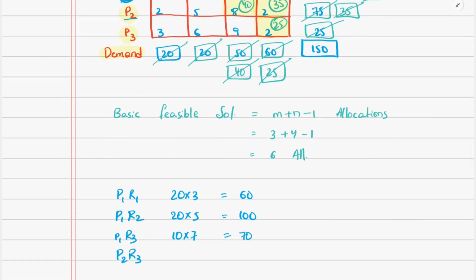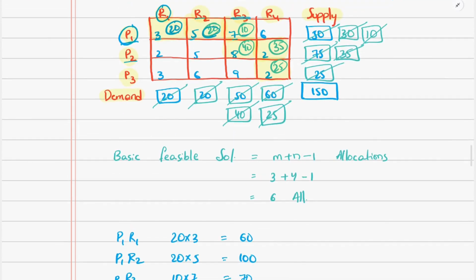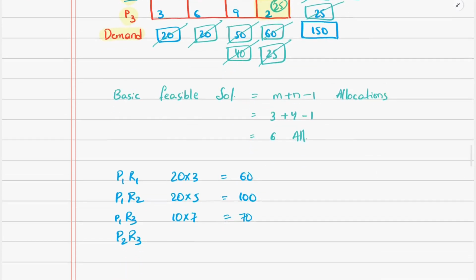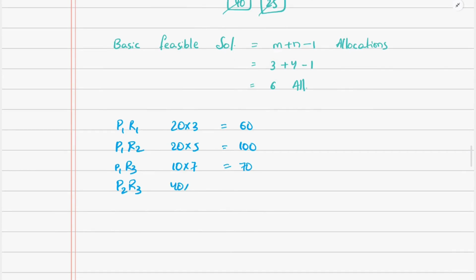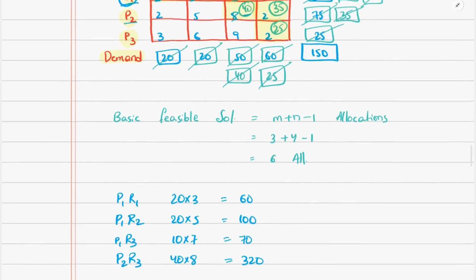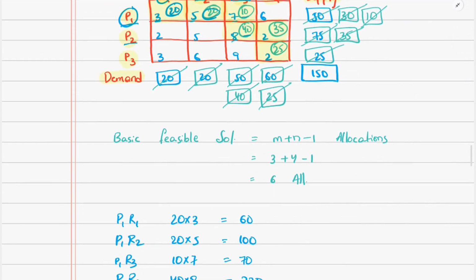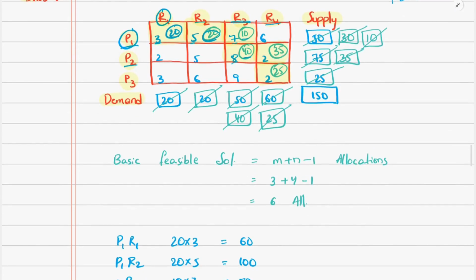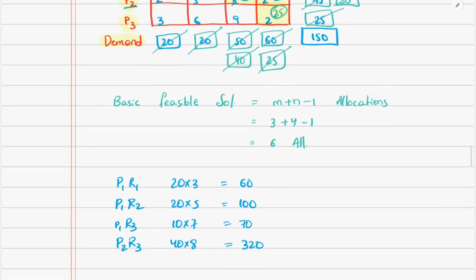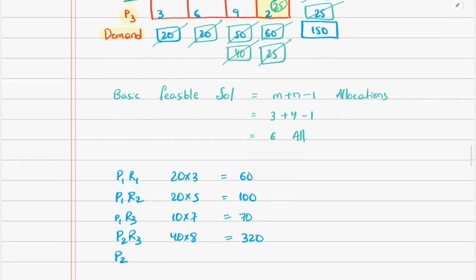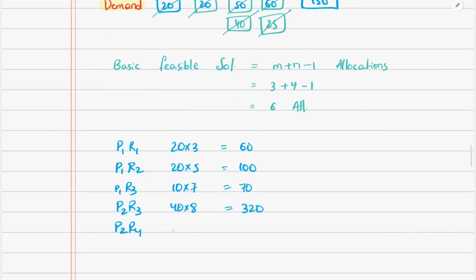Next, P2 to R3, right? Now I made 40 units with 8 rupees. So 40 units with 8 rupees. So 8 4s are 32, 320. Next, from P2 to R4, I made an allocation of 35 units.